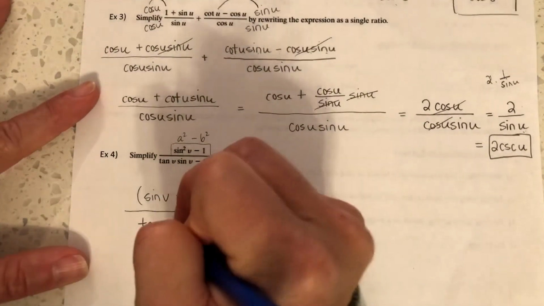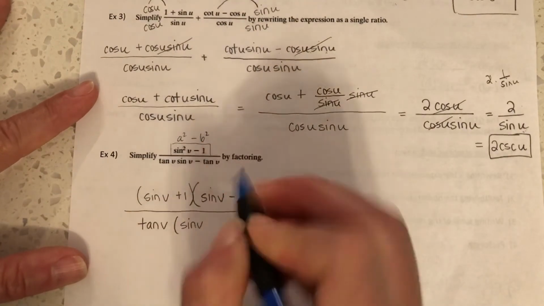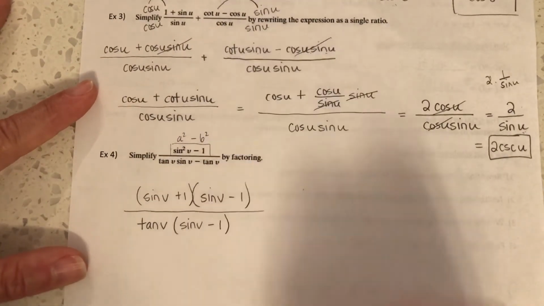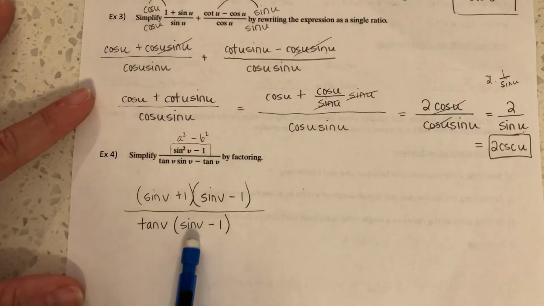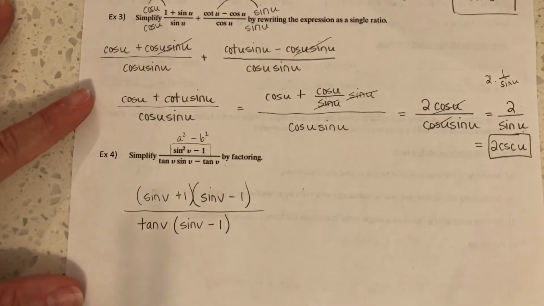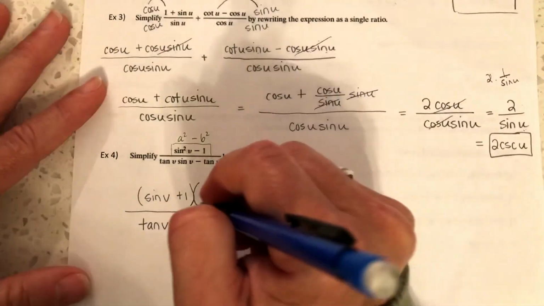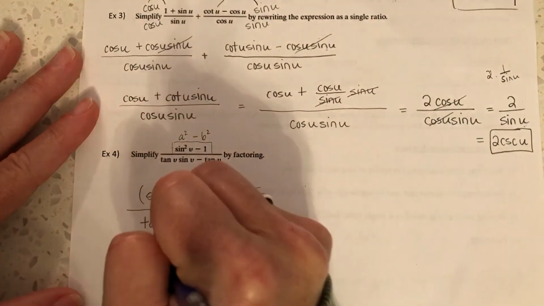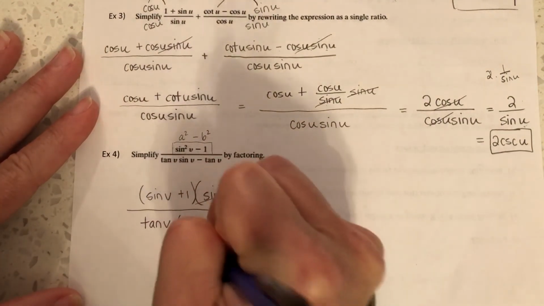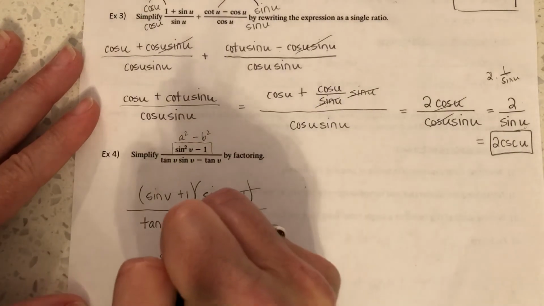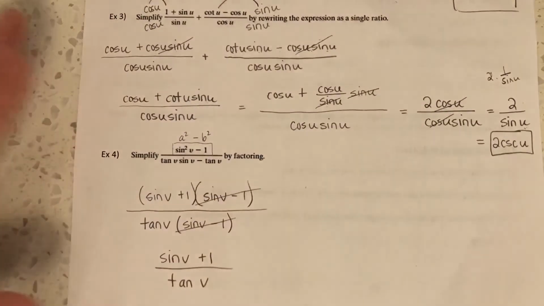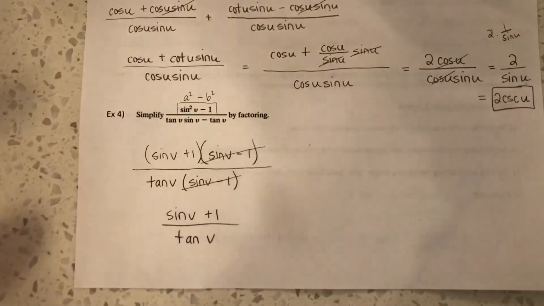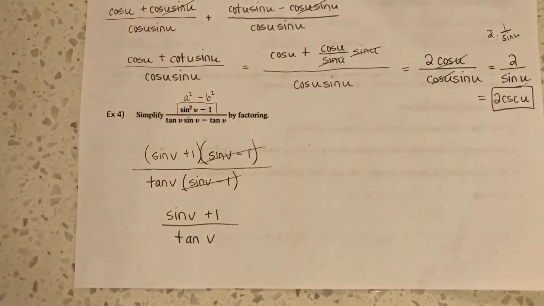I'd be left with sine v and then minus 1. Well, guess what? What happens to sine v minus 1 and sine v minus 1? They're going to cancel. So now you're left with sine v plus 1 all over tan v. And you're done. You are now in a simplified version of that expression.